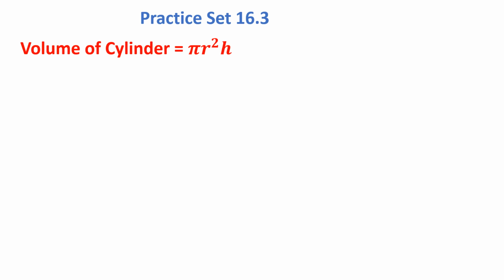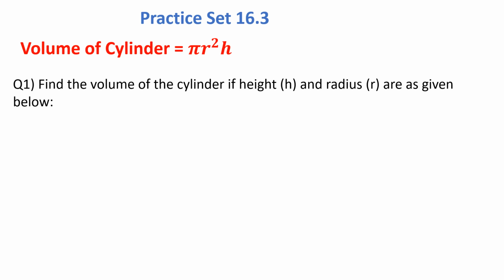Okay. Now, students, let's start with our first question. What is given? Find the volume of the cylinder if the height h and radius r are as given below. Students, you have to remember that to find the volume of a cylinder, the two things required are the radius and height of the cylinder.